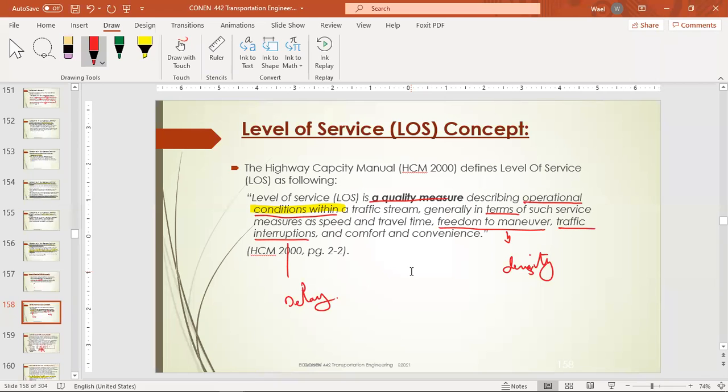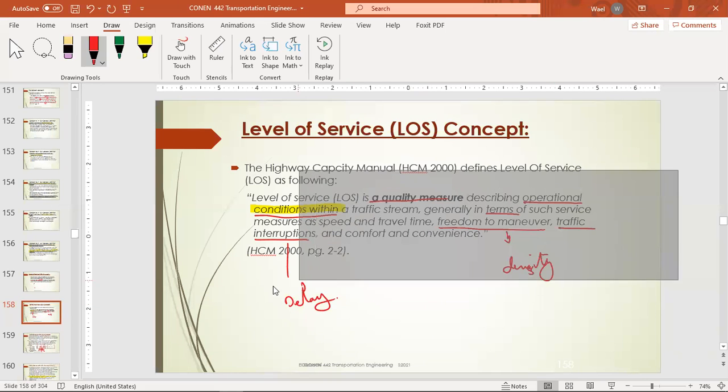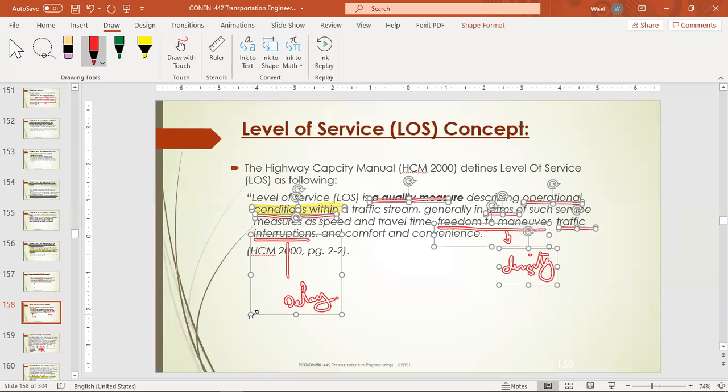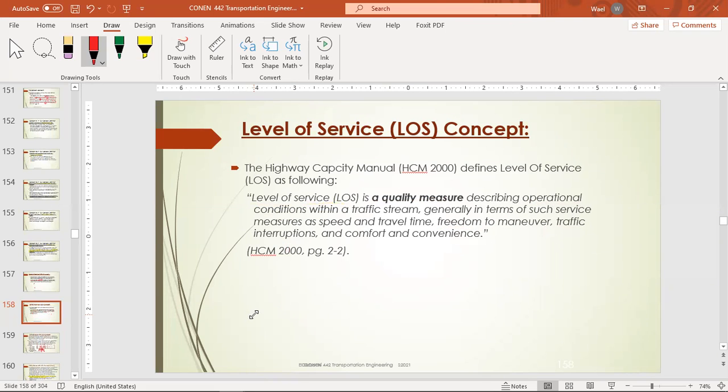You cannot say that. We can say that the level of service for this intersection is either A or B or C or D or E or F. You see my point? So there's a grading system for the performance of facilities.